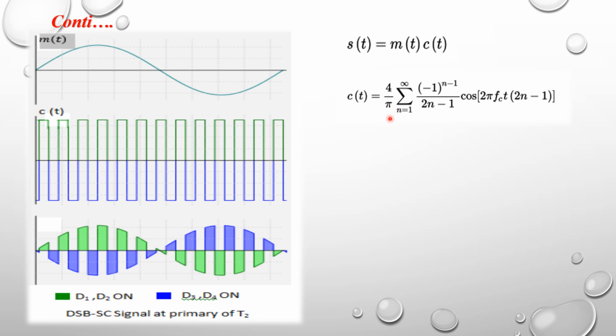So c(t) is equal to 4 divided by pi, summation n equals 1 to infinity, of minus 1 to the power n minus 1 divided by 2n minus 1, into cos 2 pi fc t into (2n minus 1).